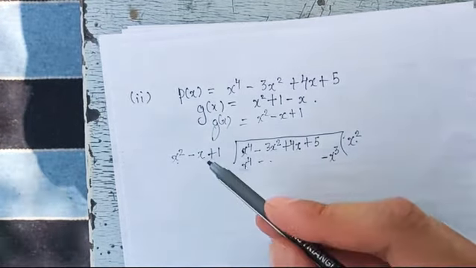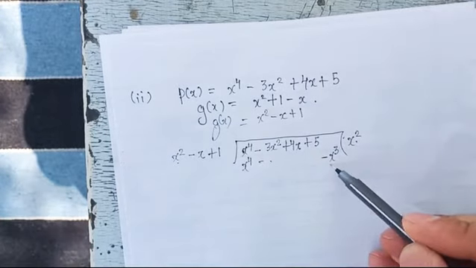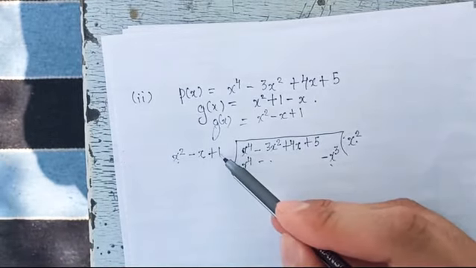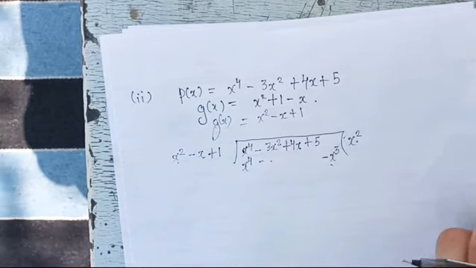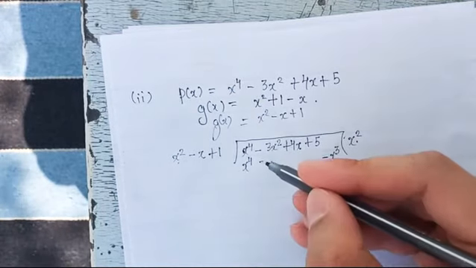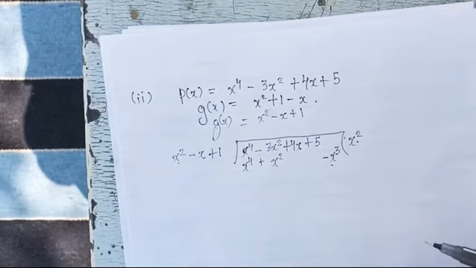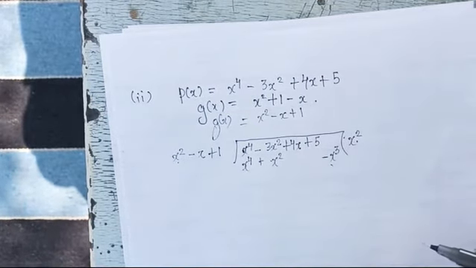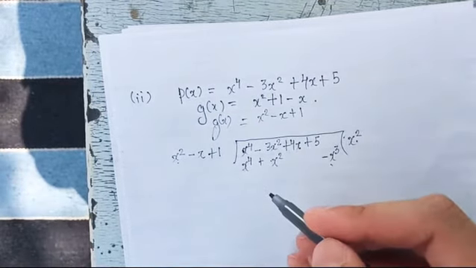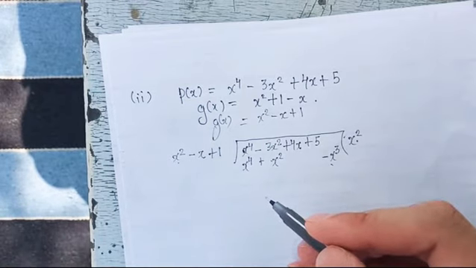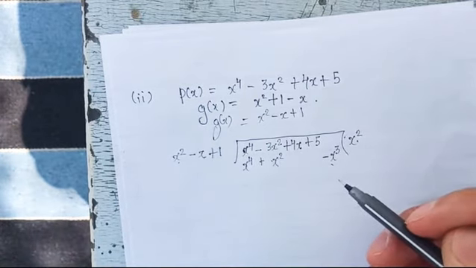Okay, x square is multiplied with x, we get x cube. X square is multiplied with 1, we will get x square, that will be positive, and it has to be written here. Okay, now we will change the sign convention.